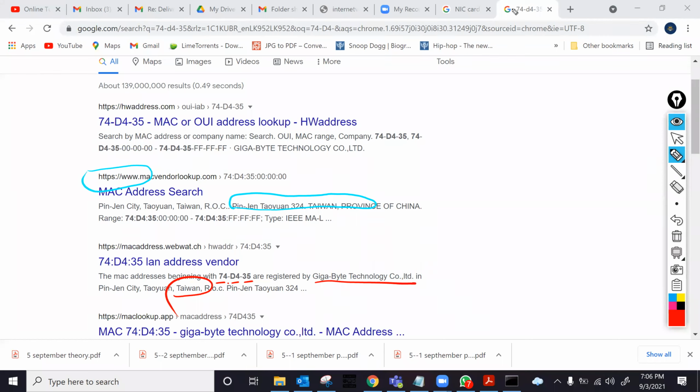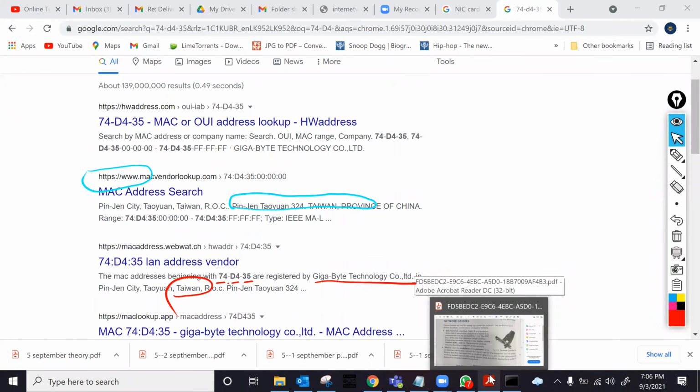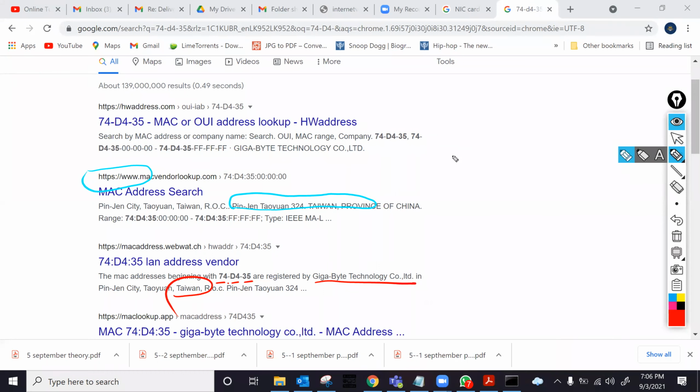Okay, sir. So which one is your manufacturer? This one. This is done, then we'll check the other one. What is the other one? So you have two parts now.